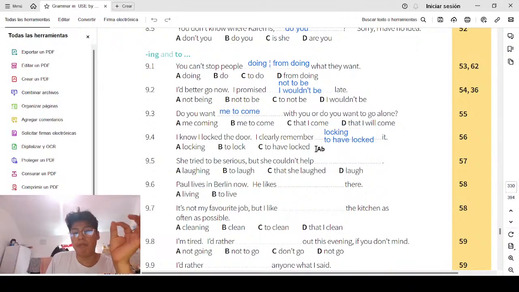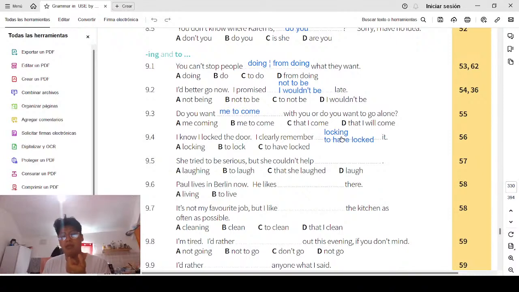I clearly remember locking it. Here we're talking about an action that happened. And to have locked, we're talking about something done earlier, I have locked.